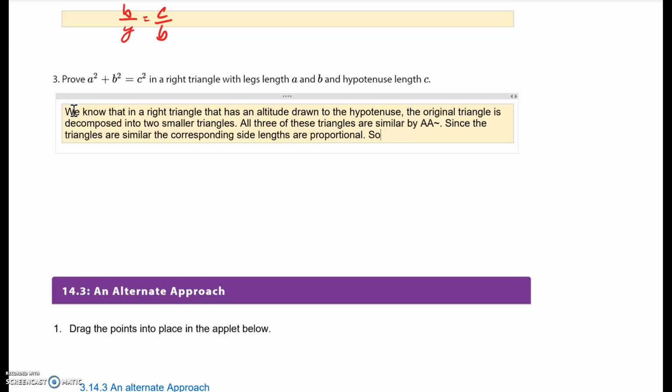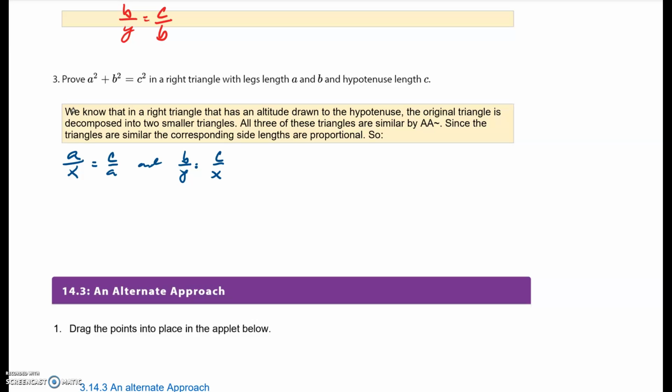So, now here's where I'll start working with the algebra. We know that a over x is equal to c over a, and we know that b over y is equal to c over b, rather.